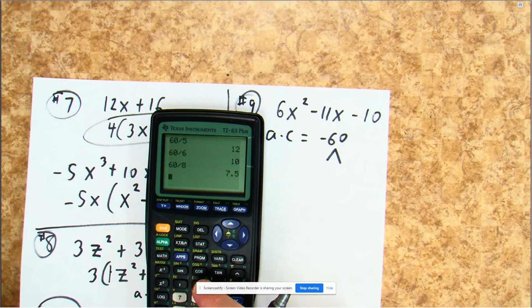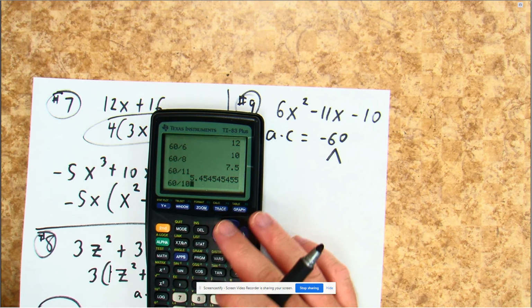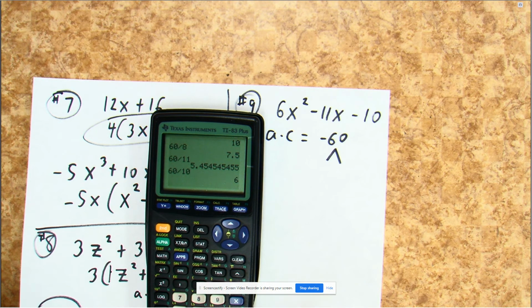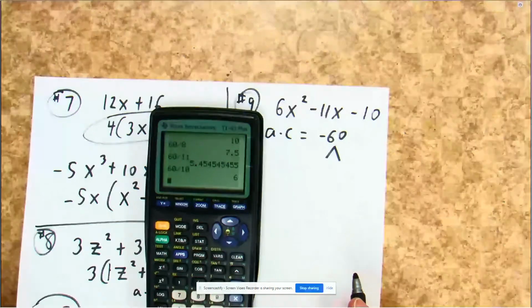I don't think I can do 8, no. 60 divided by 10. One's got to be, oh, I said 10. One's got to be negative and one's got to be positive here. Something's going on here. We need to investigate this.